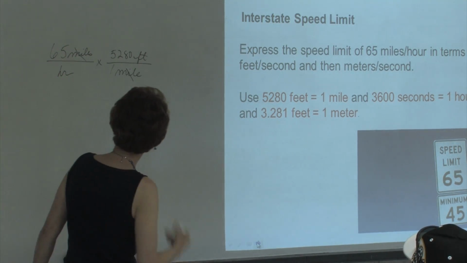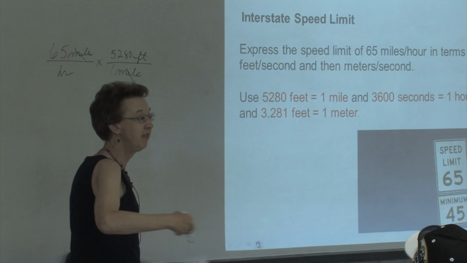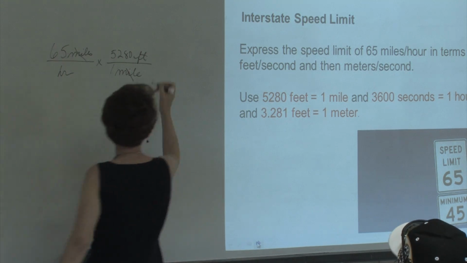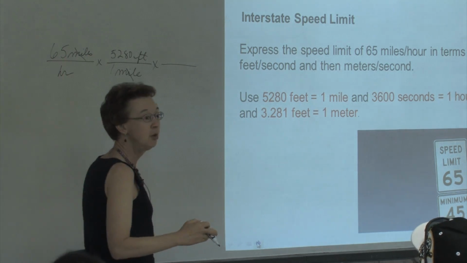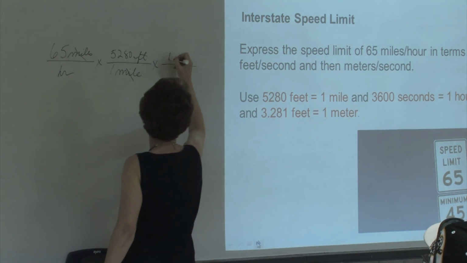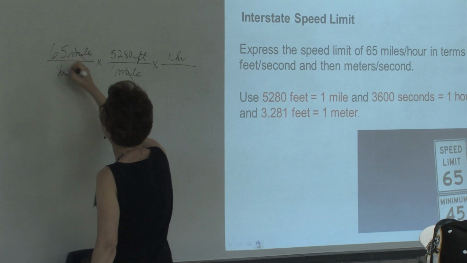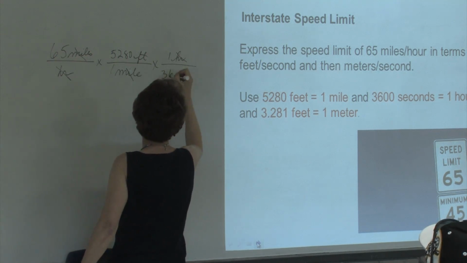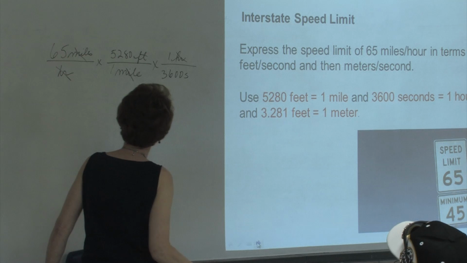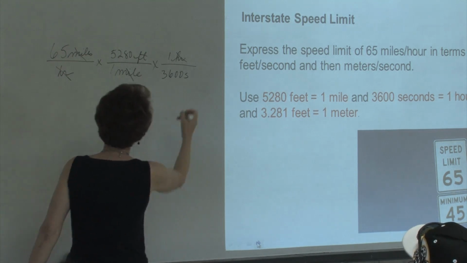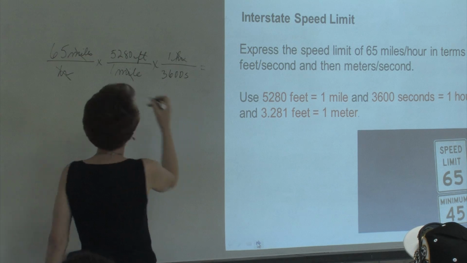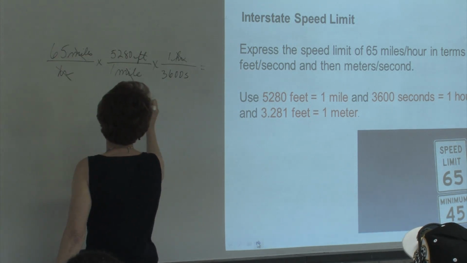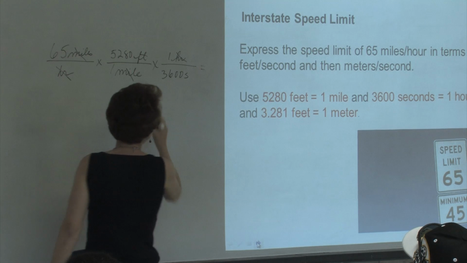Now I want to go from hours to seconds, so I'll just keep going, times. Where does the hour go? Numerator, so I can cancel that. And what's at the bottom? 3,600 seconds. And that gives me feet per second. If I do that calculation, I get approximately 95.3. Let me round it: 95 feet per second.